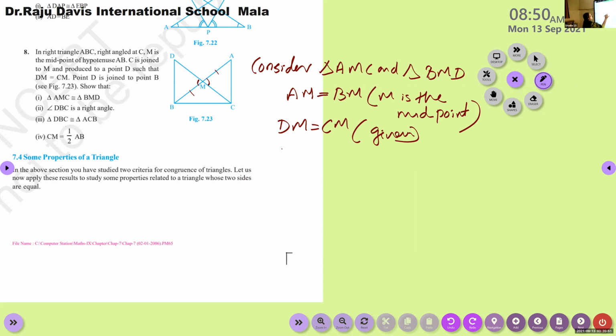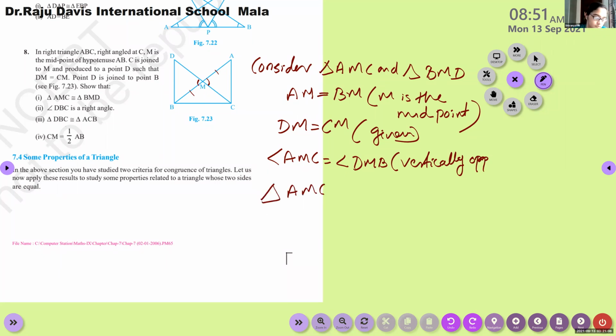So we can write angle AMC equal to angle DMB, vertically opposite angles. So we can say triangle AMC is congruent to triangle BMD. Is that the included angle, that vertically opposite angle?